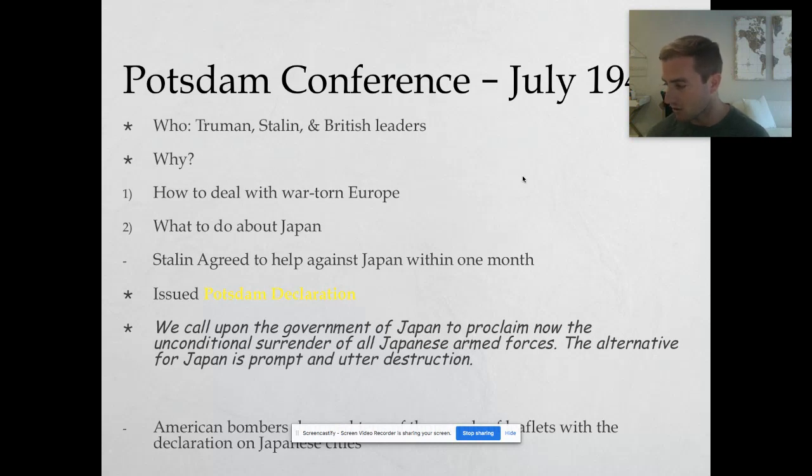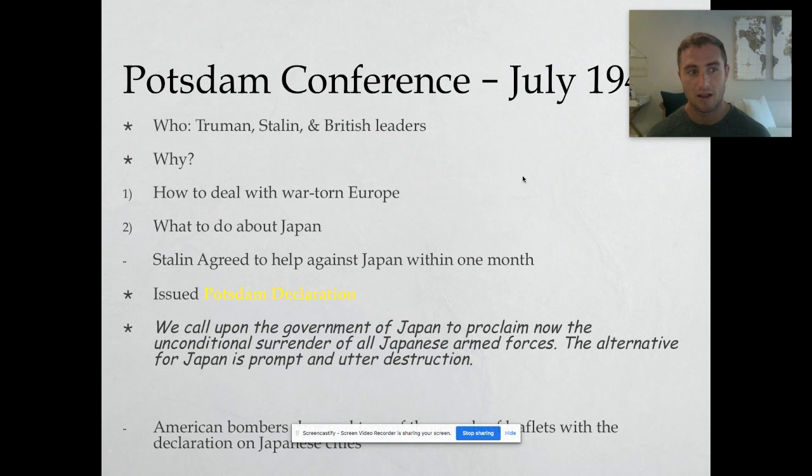Japan is still fighting. The Potsdam Declaration says, "We call upon the government of Japan to proclaim the unconditional surrender of all Japanese armed forces. The alternative is prompt and utter destruction." Leaflets are dropped with this declaration down in Japan, and yet the Japanese do not like that unconditional surrender because they look at their emperor Hirohito as a divine ruler, and it simply just cannot be done that they would unconditionally surrender.